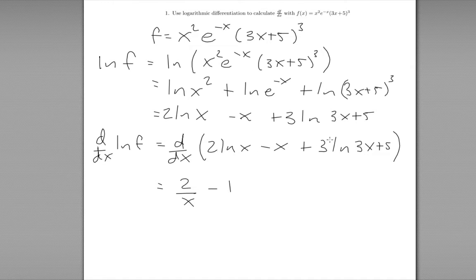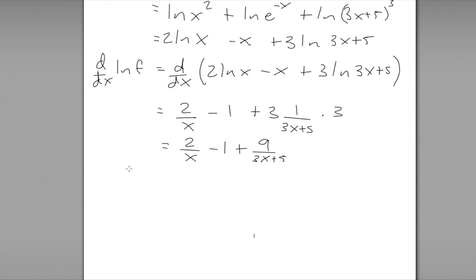And then the derivative of this function here will require the chain rule, so it'll be 3 times the derivative of ln of 3x plus 5 with respect to x, which is 1 over 3x plus 5, because that's the derivative of ln, times the derivative of what was inside the ln, which is 3x plus 5. The derivative of 3x plus 5 is just 3. So that's the chain rule there, which then simplifies our function to 2 over x minus 1 plus 9 over 3x plus 5. So that's the derivative of the right-hand side.